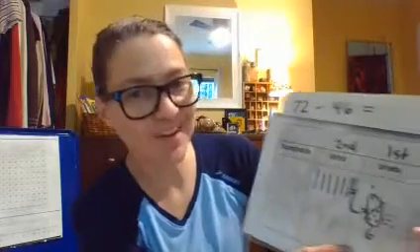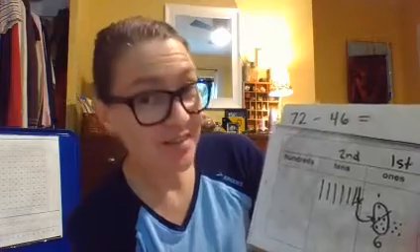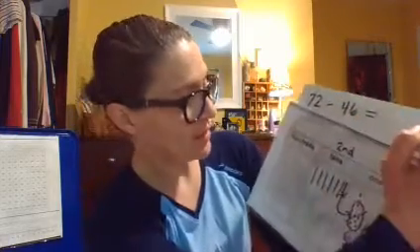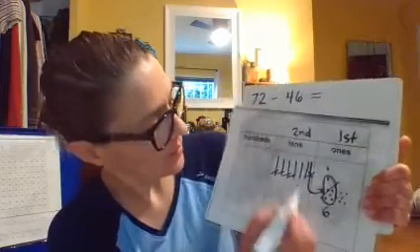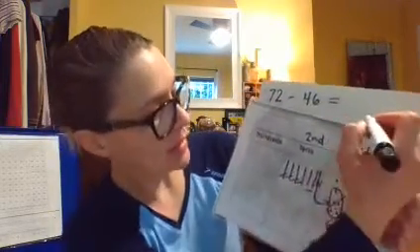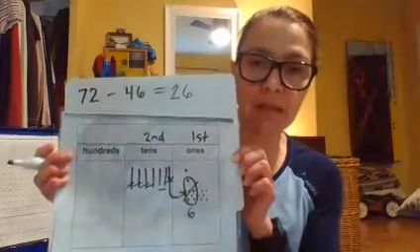I mean the 46, sorry. And now I still need to take away 4 tens, right? So I'm going to cross out 1, 2, 3, 4. And that leaves me with 2 tens and 6 ones. So my answer is 26.